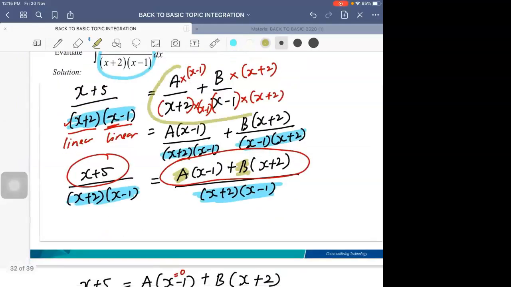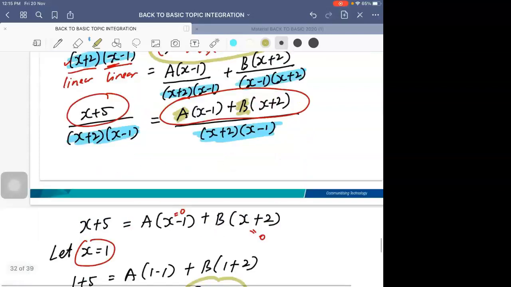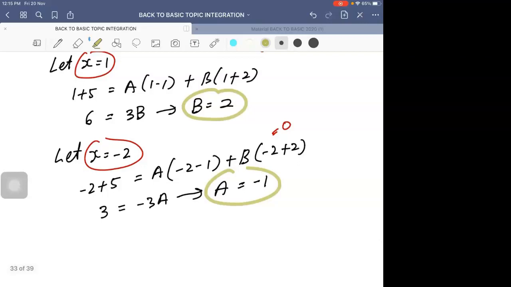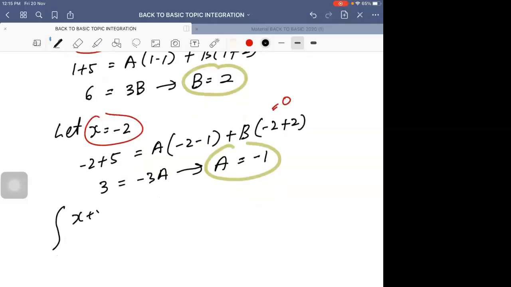So what you have here, you substitute back into the first part yang kita let tadi. Kita nak ganti kat sini. Now by using partial fraction, integrate my original function x plus 5 over x plus 2 times x minus 1 dx.